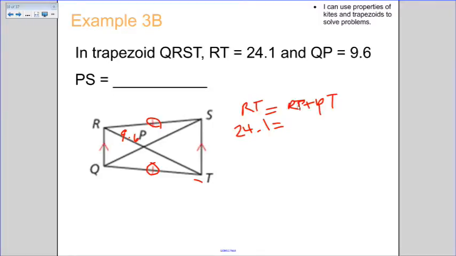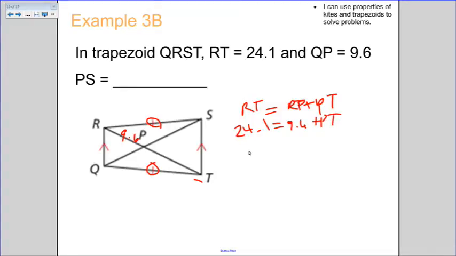Sorry, this is supposed to be a P up here. So 24.1 equals 9.6 plus PT.